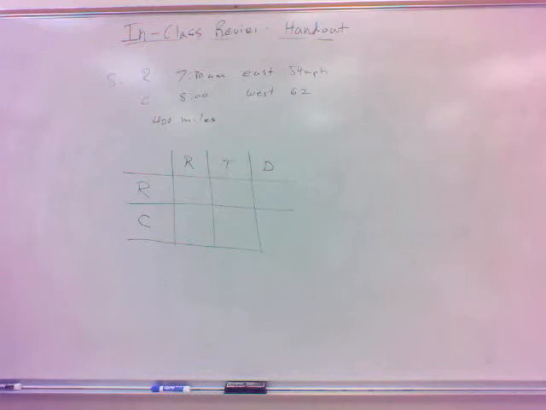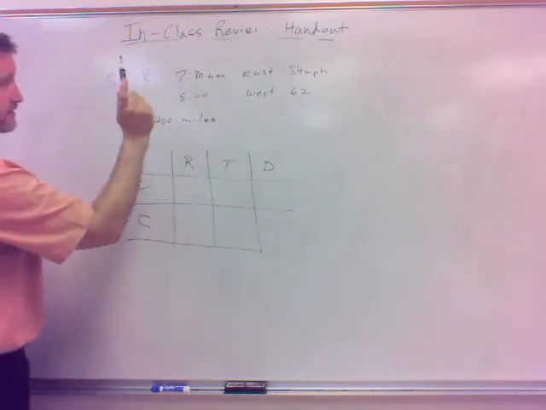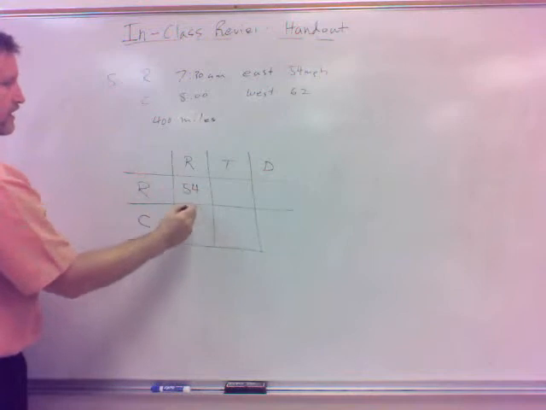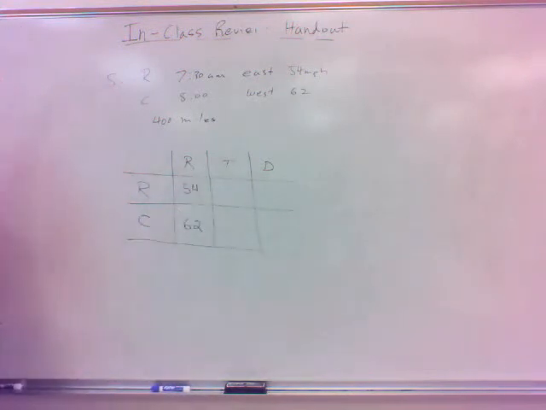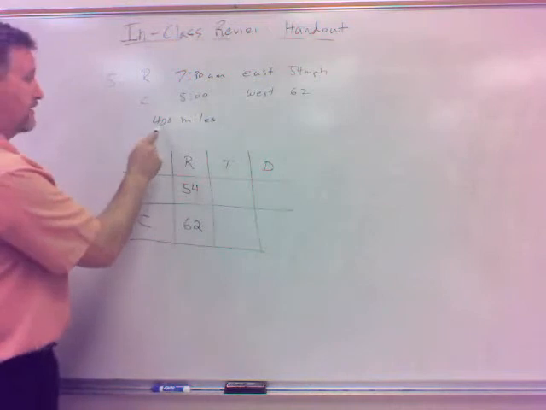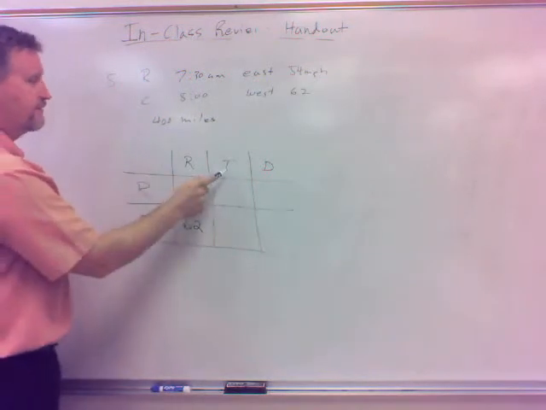Put them in that order because we know Richard's rate is 54. Carol's rate is 62. Time-wise, we're talking about the amount of time traveled, not the time of day. And of course that's what we're looking for: how many hours are they 400 miles apart? So we're looking for the time.